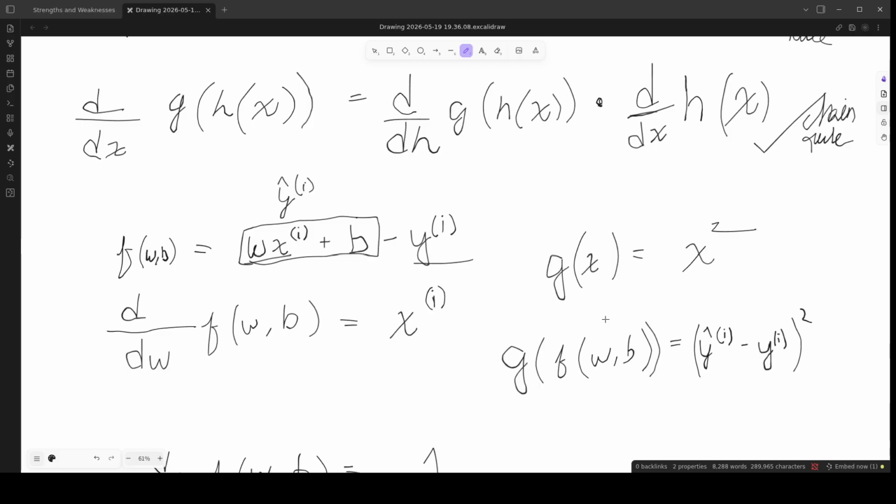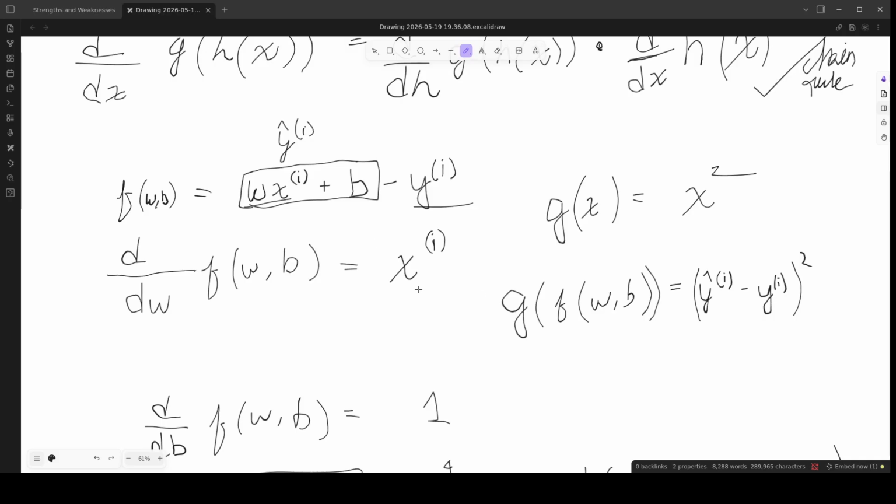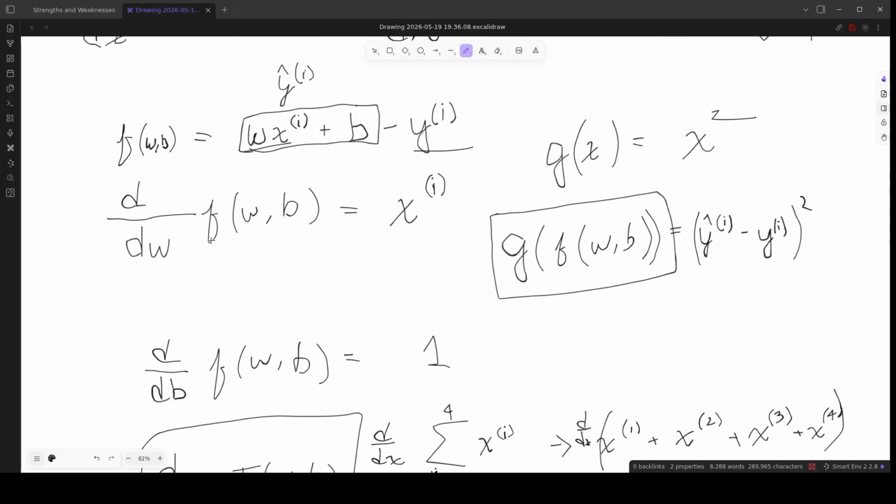And g of x can be defined as x squared. So we need to find the derivative of g of f of wb, right? We need to find the derivative of this chained function right here. It's a function inside a function. So how do we do that?